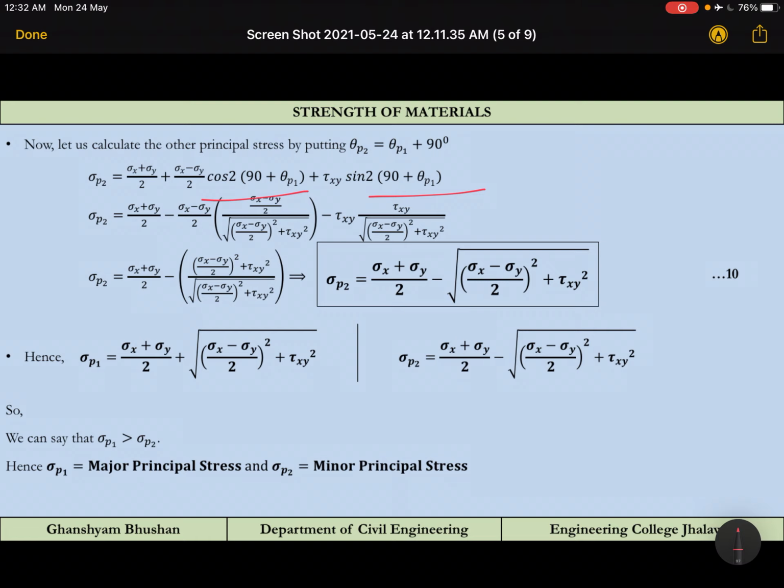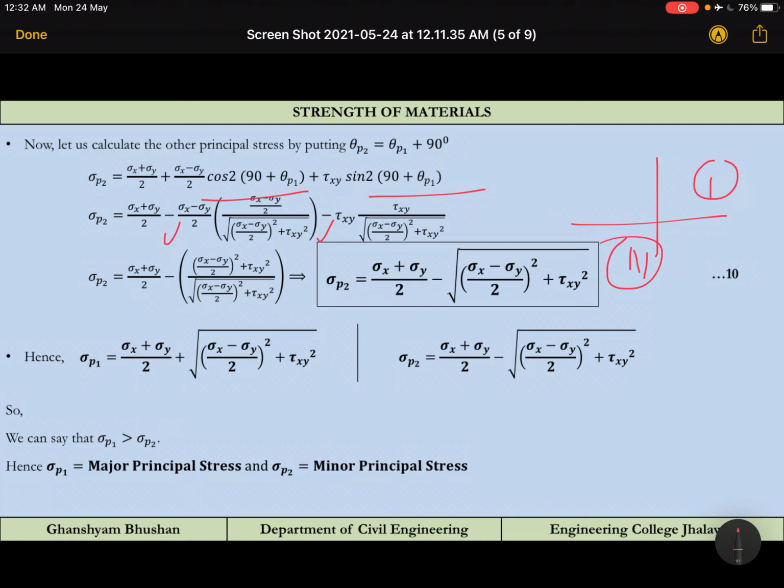So here you can see cos 2 theta means cos of 180 plus 2 theta p1, and sin of 180 plus 2 theta p1. 180 plus theta means it is in the third quadrant, and in the third quadrant both sin theta and cos theta are negative. That is why you can see it is minus here and minus here.